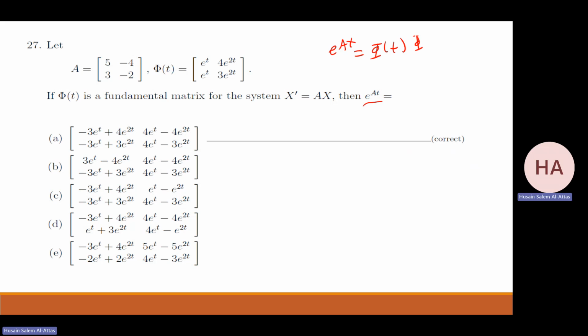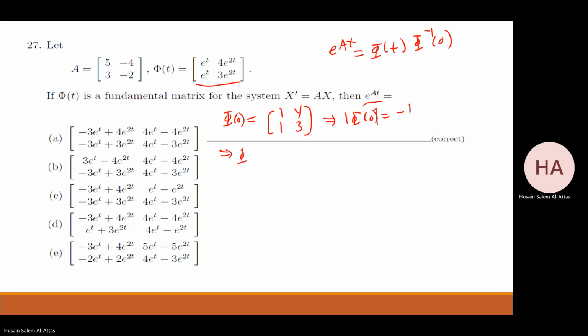Φ(t) times Φ inverse of 0. I know that. So it will be Φ at 0. Φ at 0 will be [1, 1; 2, -2]. So the determinant of Φ at 0 will be minus 4.